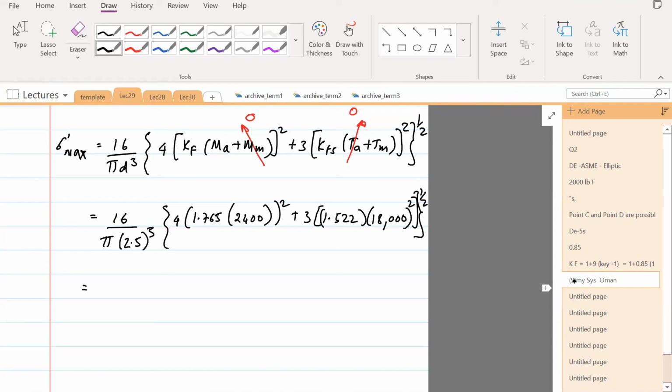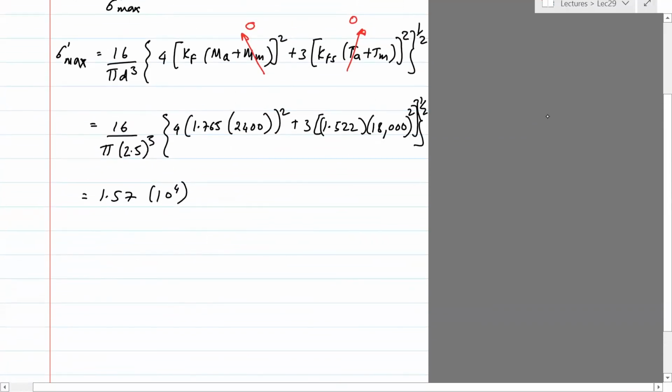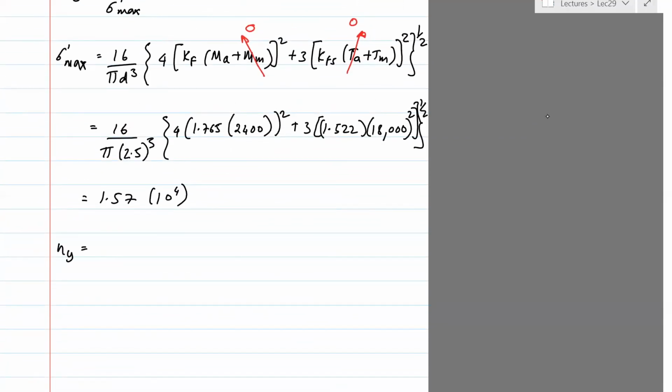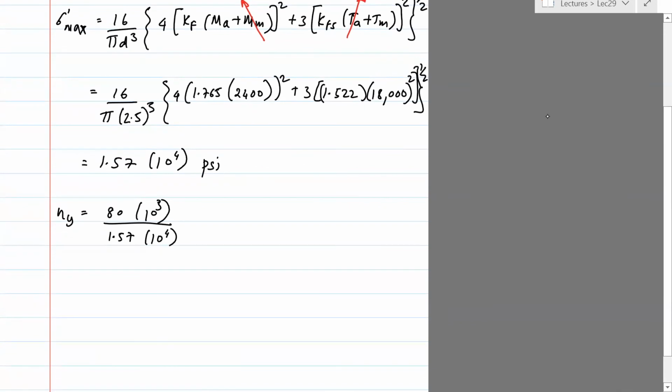After putting in the numbers, we get 1.57 times 10 raised to 4. Then to compute the factor of safety, SY is 80 kpsi. The value here was in psi, so I need to convert from kpsi to psi. Then 80,000 divided by 1.57 times 10 raised to 4. The answer is 5.09, which is quite a high factor of safety.